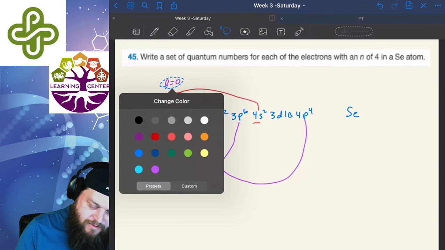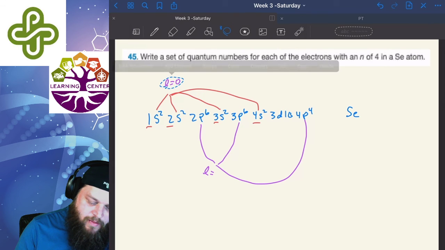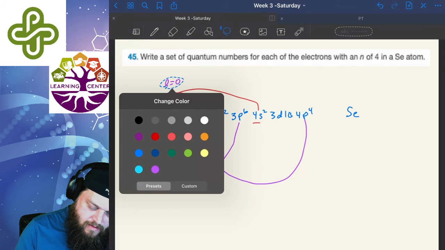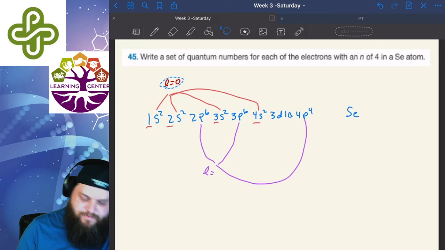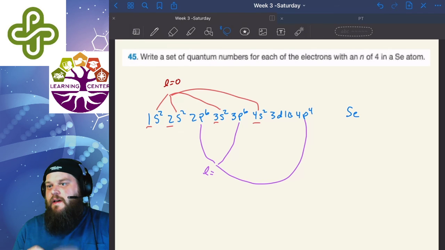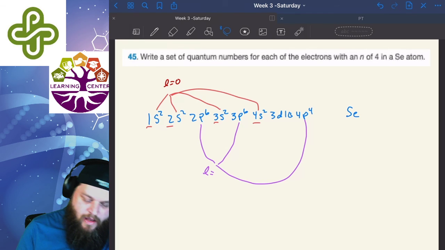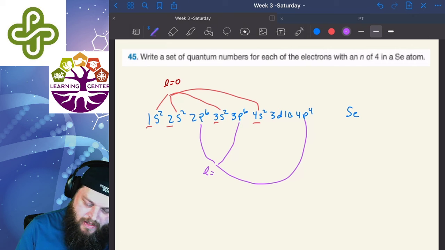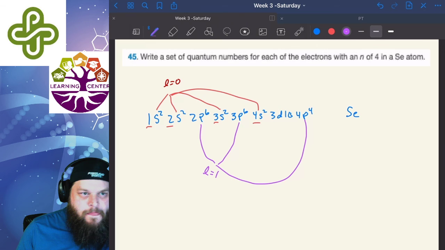Because for any electrons in there, the angular momentum has to be 0, because s orbitals can only have L equals 0. The p shell can have L equals 1.